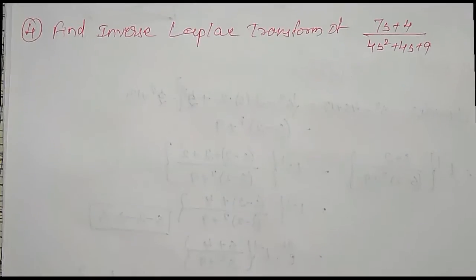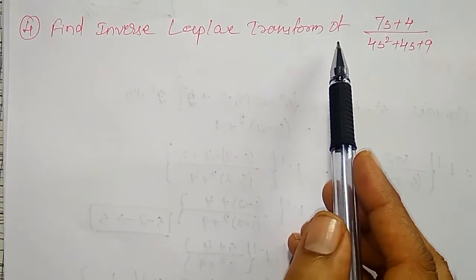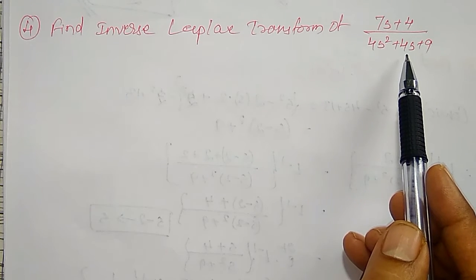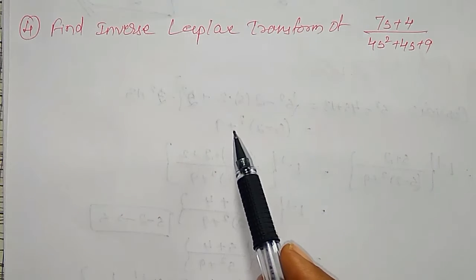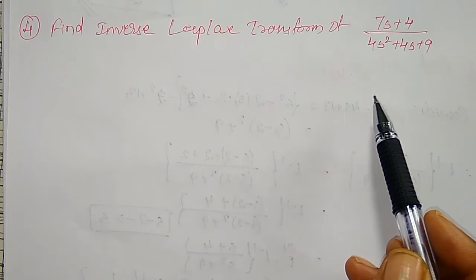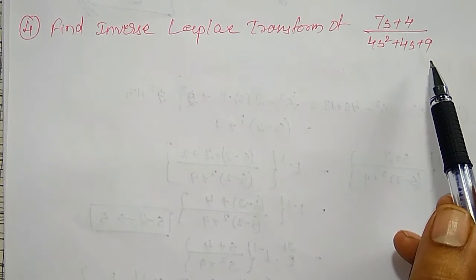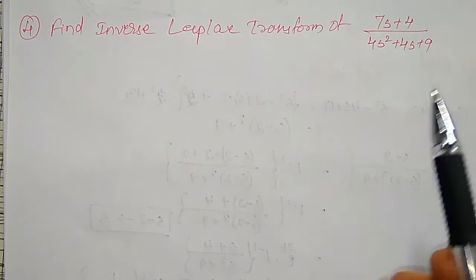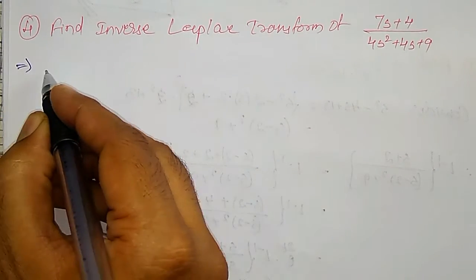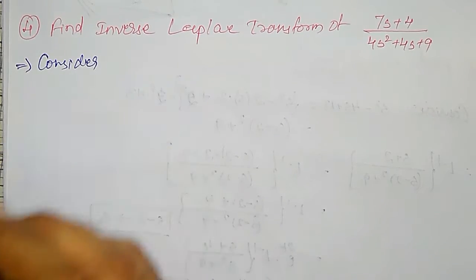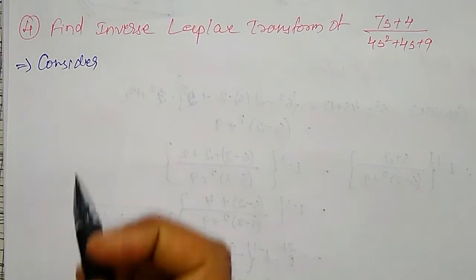Okay, example on this one I am doing. Find inverse Laplace transform of 7s plus 4 divided by 4s square plus 4s plus 9. Here the denominator is not a perfect square or factors are also not available. That's why I will try to convert it in terms of perfect square, completing square type.